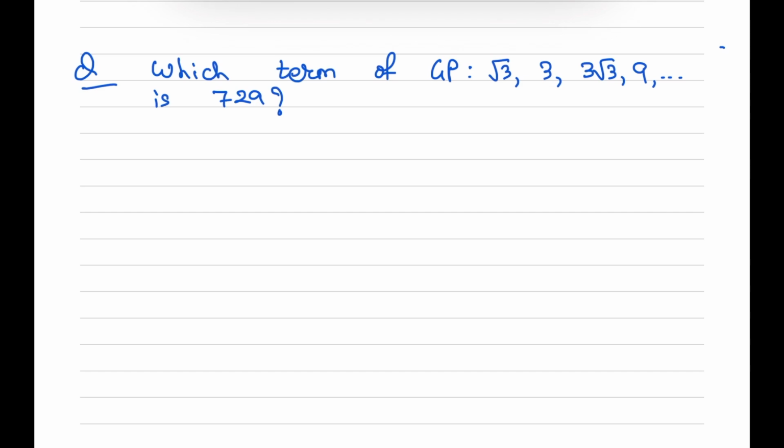From the given geometric progression, we can identify the first term as square root 3 and the common ratio, that is the ratio between the second term 3 upon first term square root 3. On simplifying this, we get square root 3. So the first term and the common ratio in this question are the same, that is square root 3.